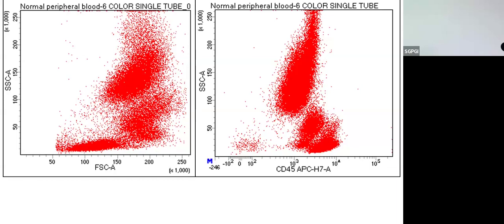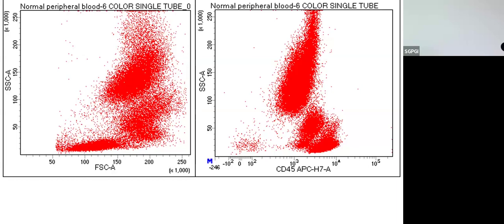These will be bright positive for CD45 because these are lying farthest towards this side. These will be having something in between, right? So moderate. And if you add the other property of scatter, these cells have got lower scatter, while this group of cells have got higher side scatter.